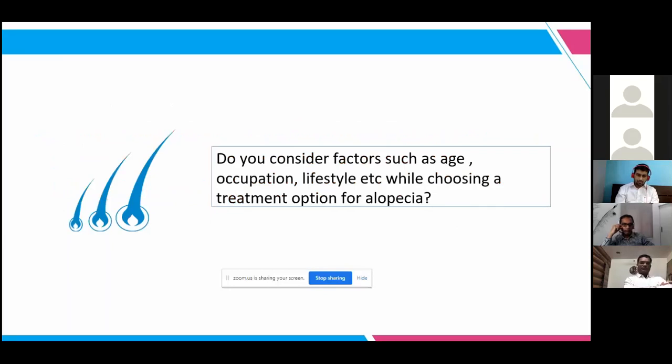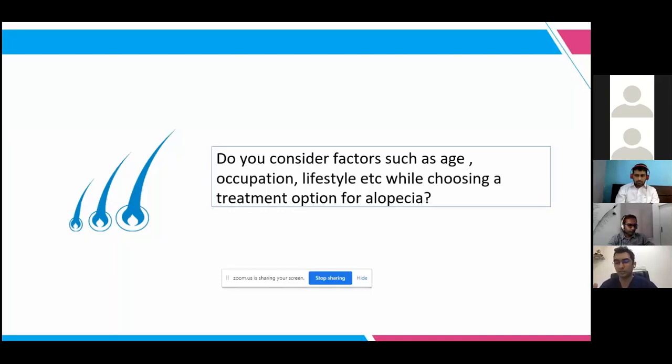Malai Mehta. Do you consider factors such as age, occupation, or lifestyle, etc., while choosing a treatment option for alopecia? Yes. So I think we have to consider every possible aspect, especially when it comes to how well the patient is going to take the treatment.